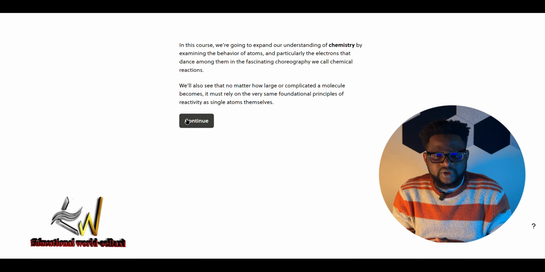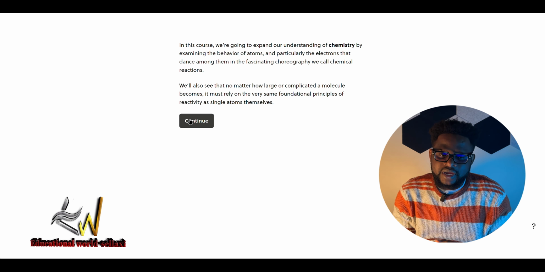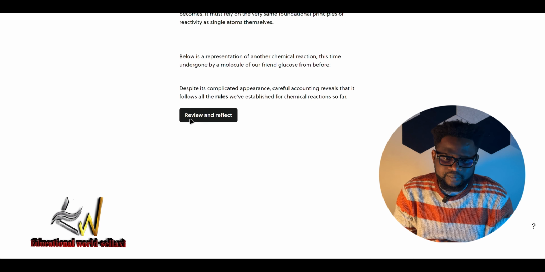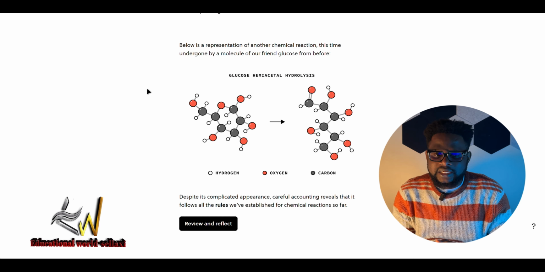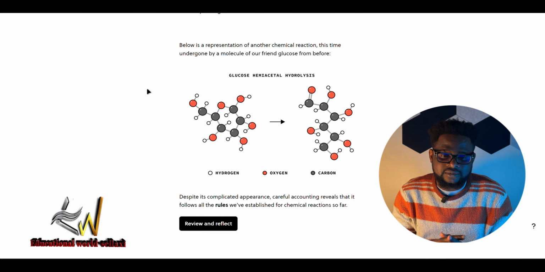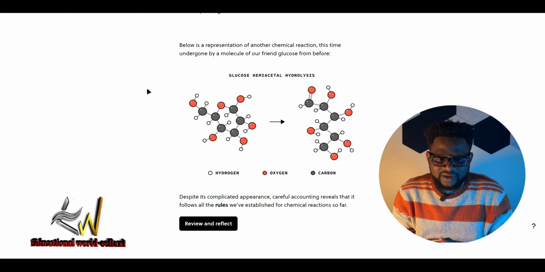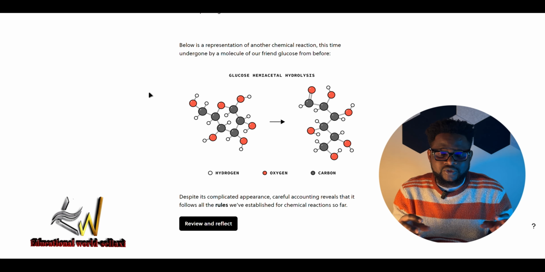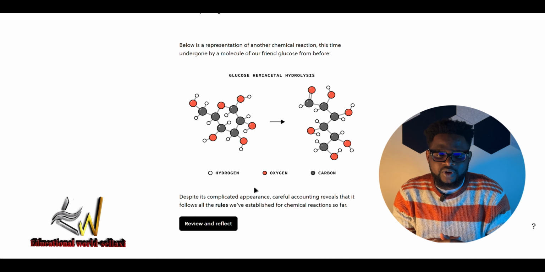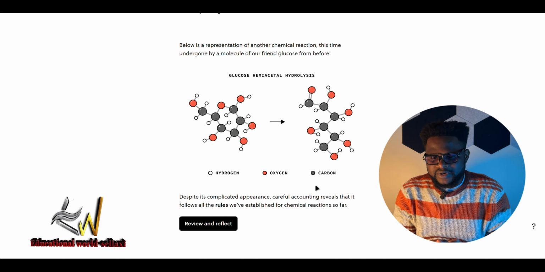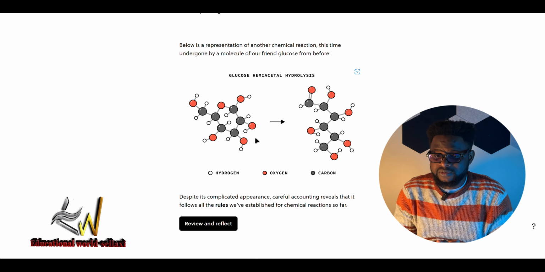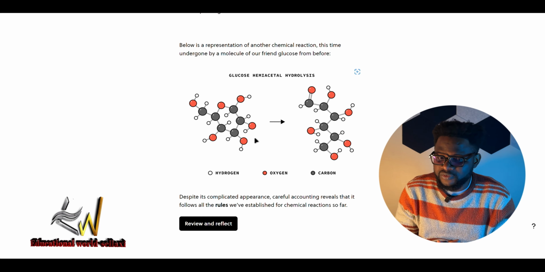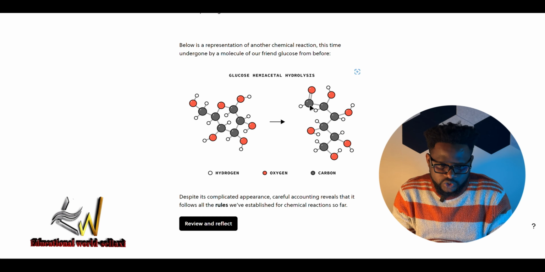So we talked about understanding chemistry by examining the behavior of atoms, and particularly the electrons that dance among them in a fascinating choreography we call chemical reaction. That's what we've looked into so far, and how atoms combine to form molecules. Below is a representation of another chemical reaction, this time undergone by a molecule of our friend glucose from before: the hydrolysis of glucose.